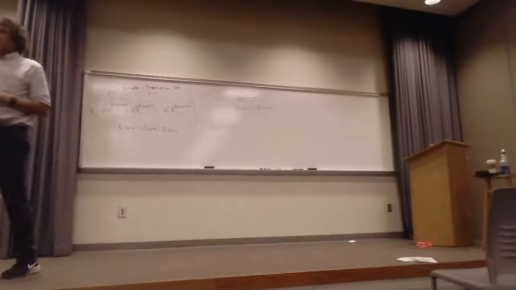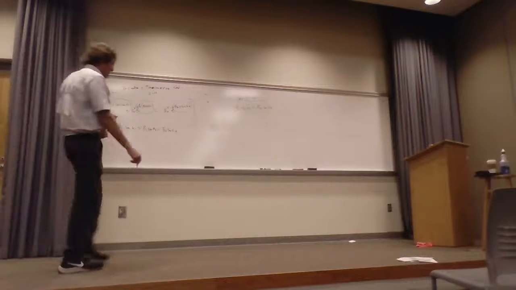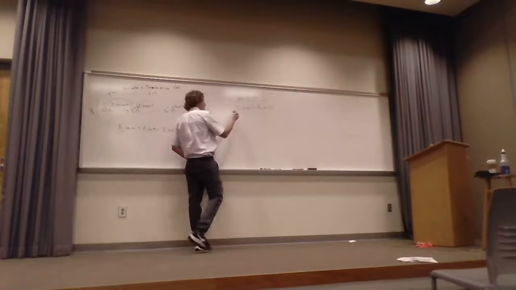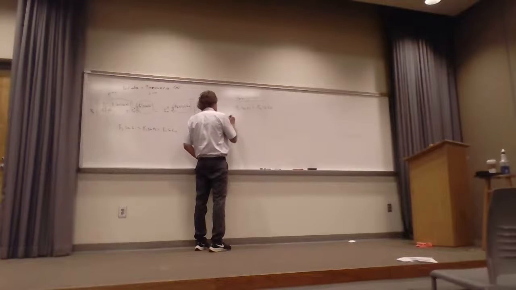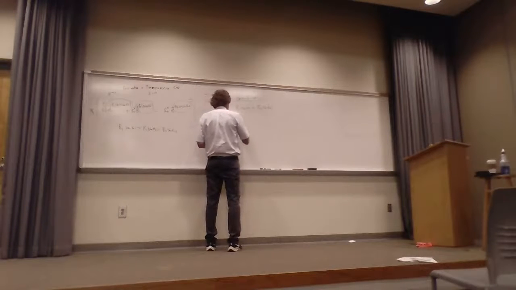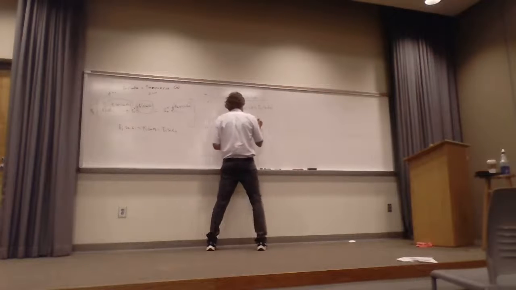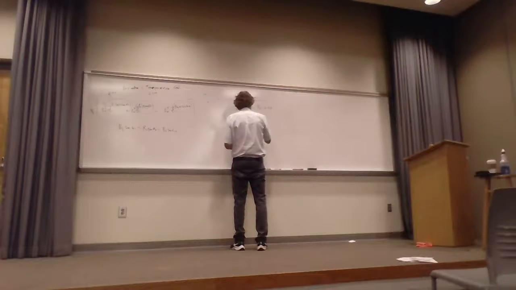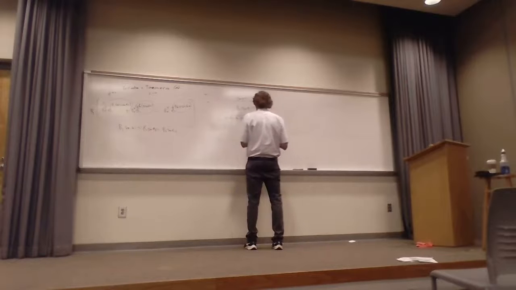Now, this is a lossless medium. So beta 1 would be omega times the square root of mu naught epsilon naught, times the square root of mu relative epsilon relative for region 1, times the sine of theta incident, is equal to, and here we put beta 2.